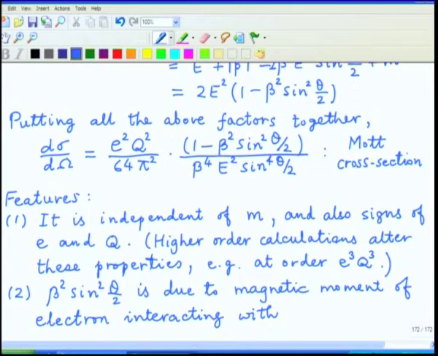This correction beta square sin square theta by 2 is actually the consequence of that interaction. If there was only Coulomb field, we would just get the same answer as Rutherford got. In other words, if the electron did not have the spin, this extra factor of beta square sin square theta by 2 will be absent.